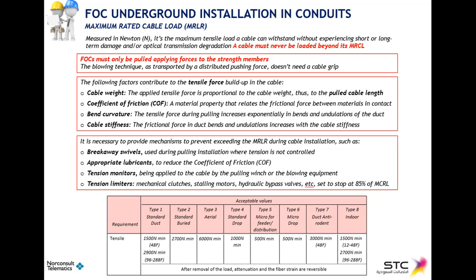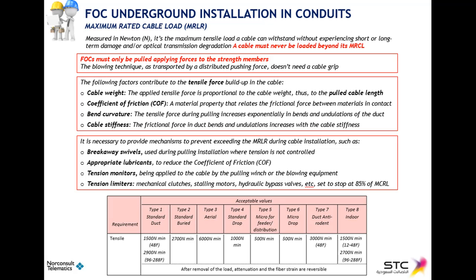Every single type of cable from every single different manufacturer has physical specifications to be met, and a cable must never be loaded beyond the maximum tensile load. You have to check the cable data sheets to find out what that value is.